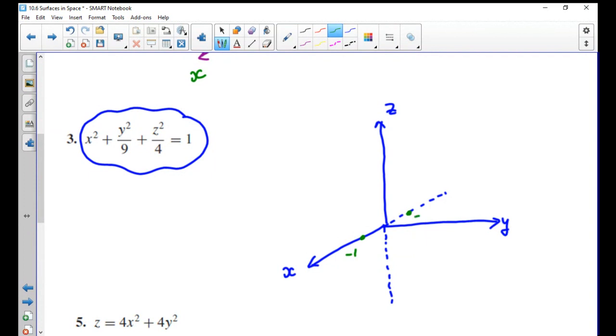At 1 and -1. It will cut the y-axis at 3 and -3, yes. So 3 here, 1, 2, 3, and on the other side, -3. And it will cut the z-axis at 2 and negative 2, at this point and also at this point.